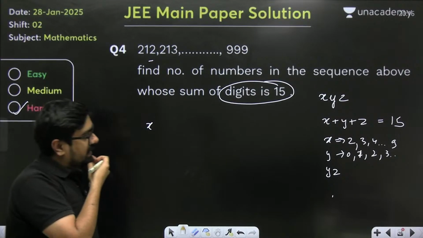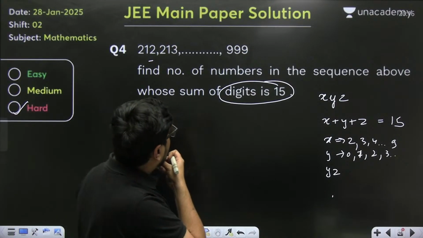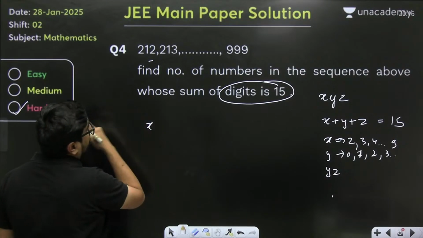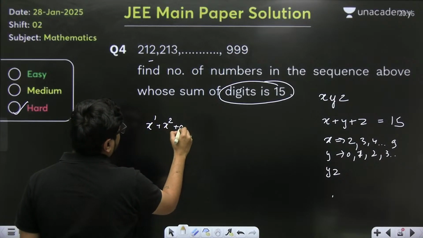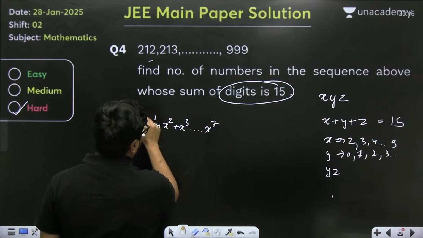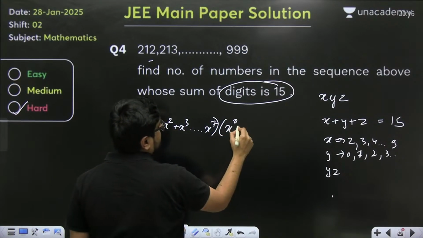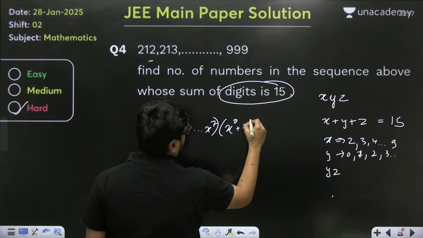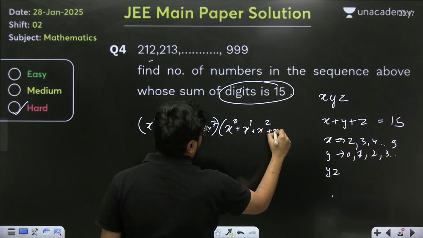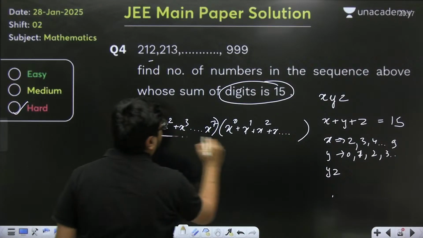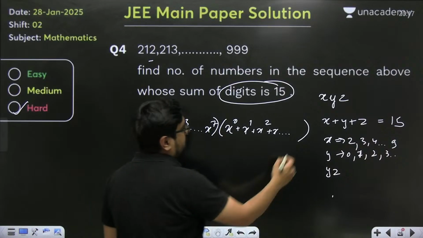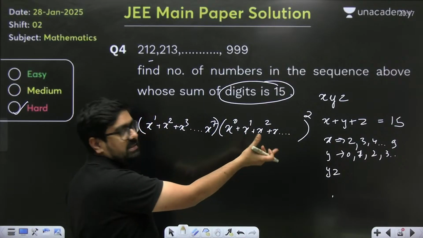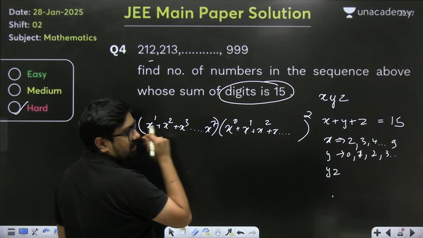So I'm thinking any constraint, if that cannot be there, then what we can do, this can start with x to the power 1, x to the power 2, x to the power 3, till x to the power 7 it will go, and this will start from x to the power 0, x to the power 1, 2, 3, divided by that much, and this will take as two times, that means square, right? Y and z will be same only, we'll take the same expansion for y and z.